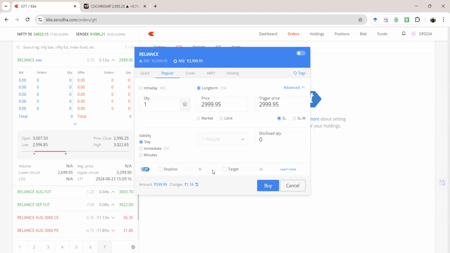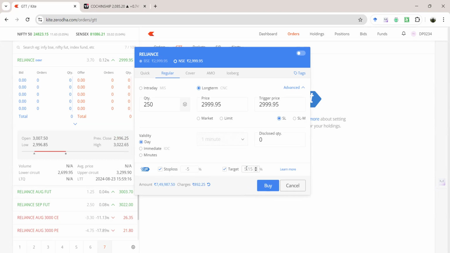At that time only I put stop loss also, that okay, 2,500 this will be stop loss. Here it is written. Lower down, we have to select long term. Then there is stop loss and target. So here we can use stop loss in percentage, minus 5% and target plus 10%.